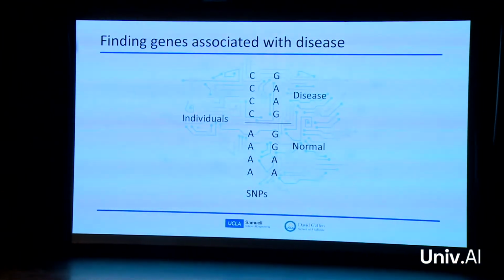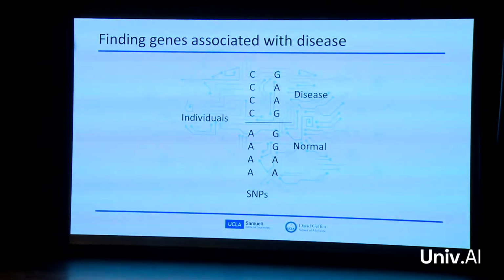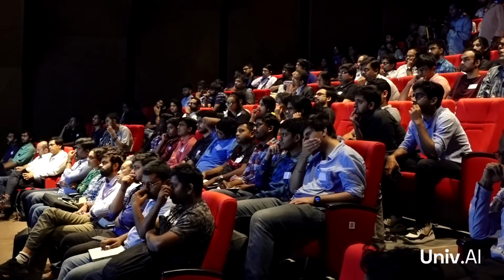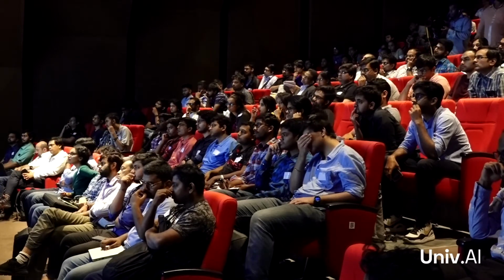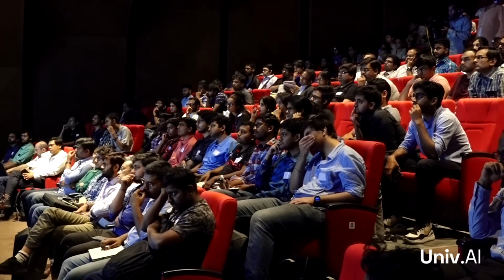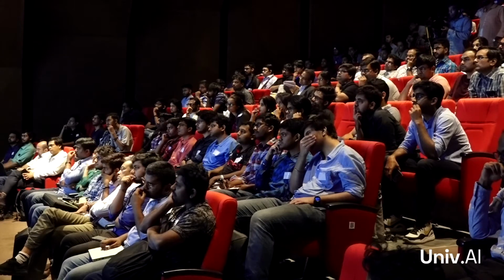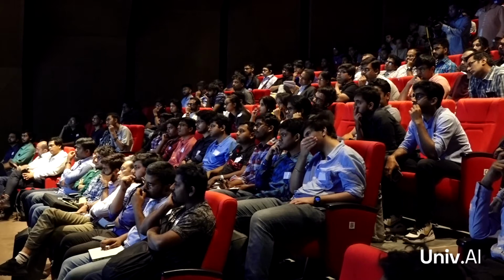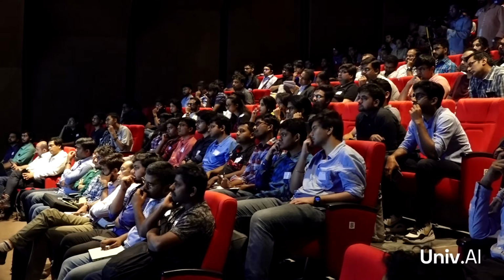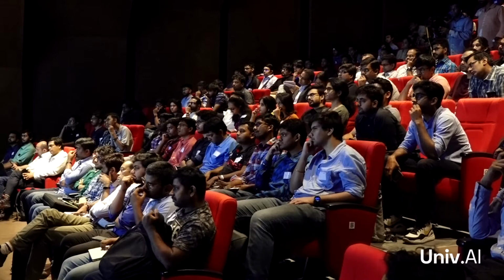All we're going to do is go along their genomes and compare mutations across people who are healthy to people who have a disease. For example, we're going to look at this column. In this column, there are some people who carry the letter G and other people who carry the letter A. The technical term for this is a SNP. And we're going to look for SNPs which are different in these two classes of individuals.